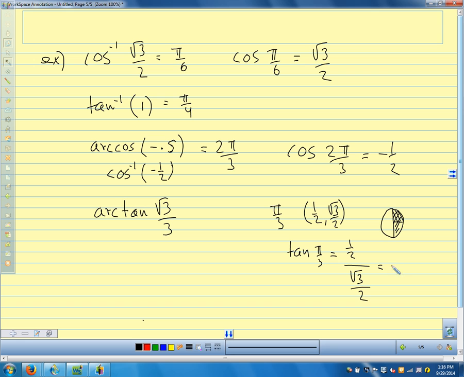So my tangent is going to be 1/2 times 2 over square root of 3. I get 1 over square root of 3, which is square root of 3 over 3. Yes? Did I do this upside down? Thank you. I did cotangent.